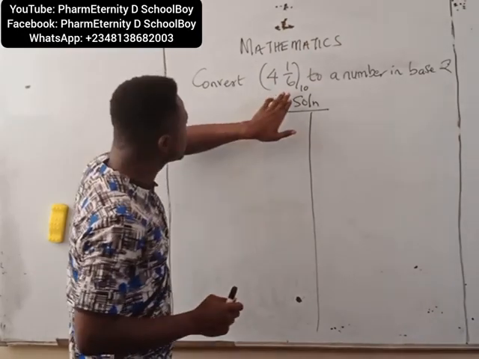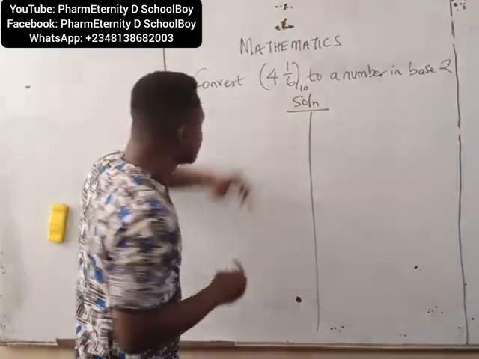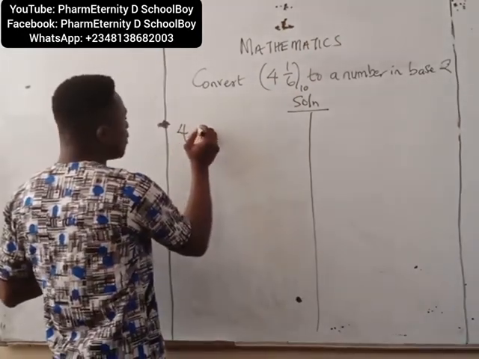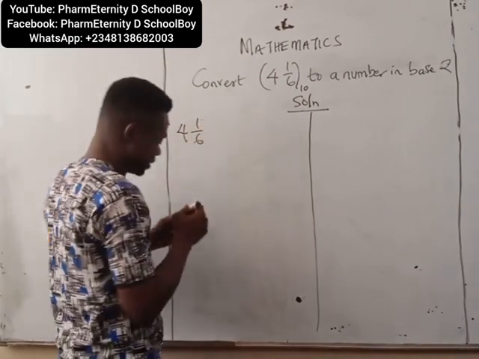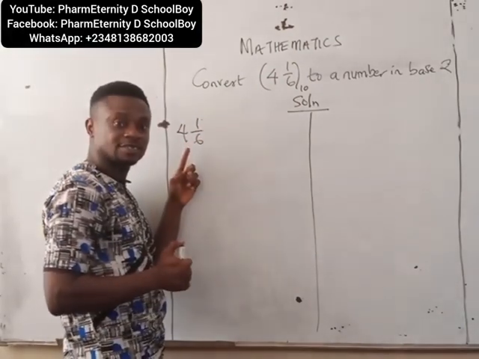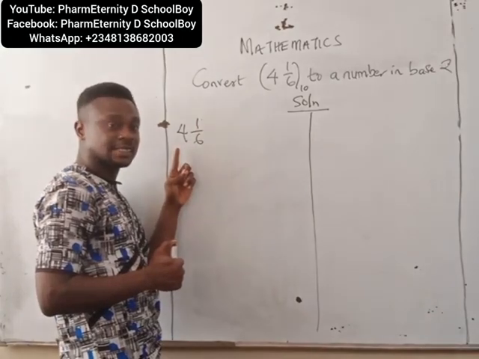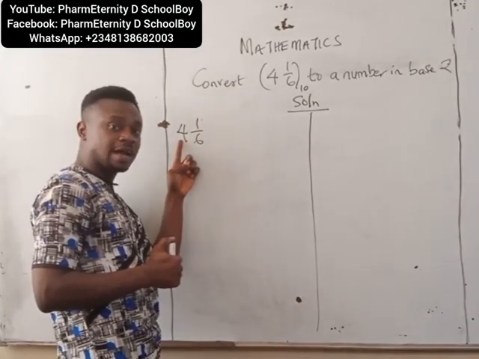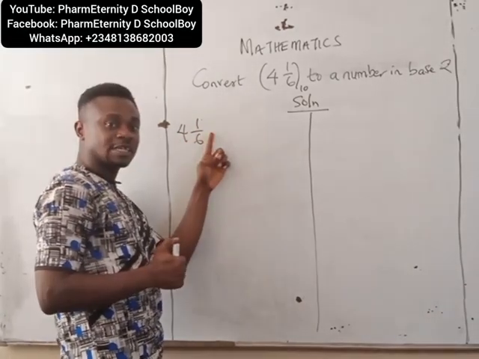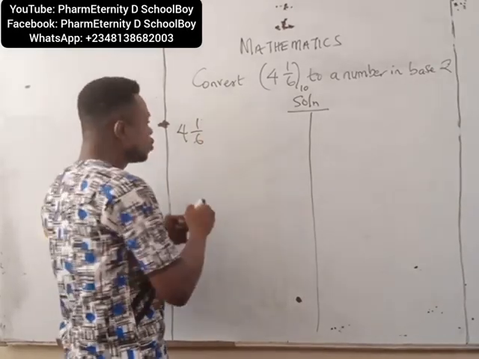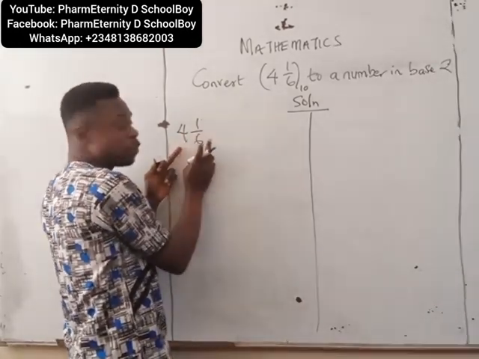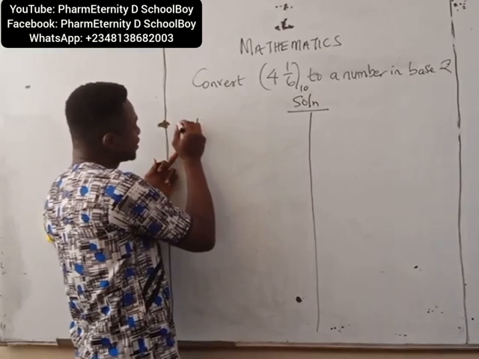So this particular number, this 4 whole number 1/6, is a mixed fraction. It has two parts. It has a whole number and it has the fractional part.